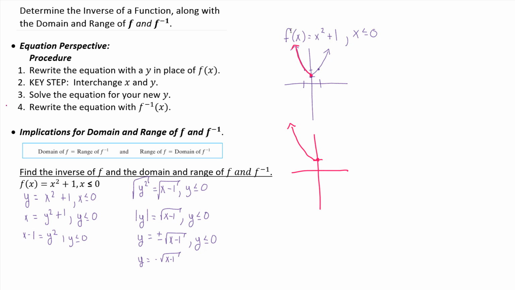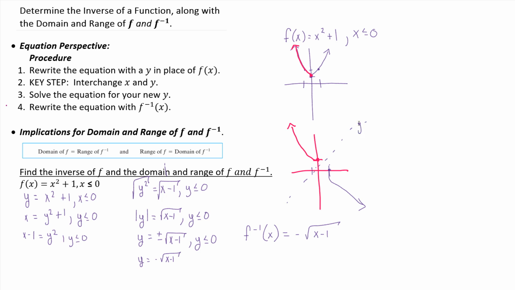So at the end of the day, we're left with our inverse being, and I'm going to rewrite it with the right notation, f inverse of x is negative square root of x minus 1. Notice the graph of f inverse would reflect across the line y equals x.